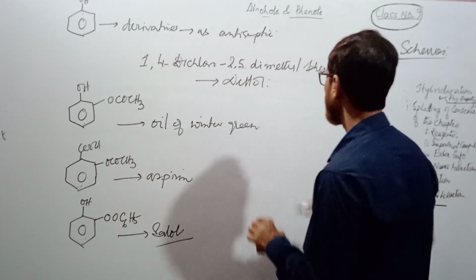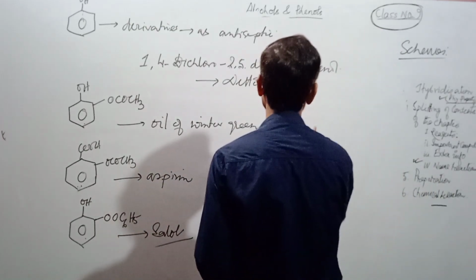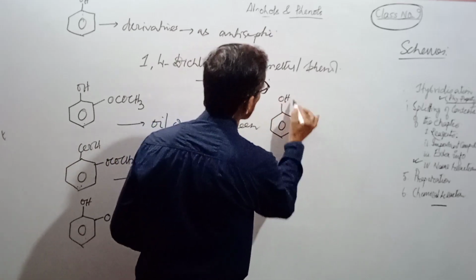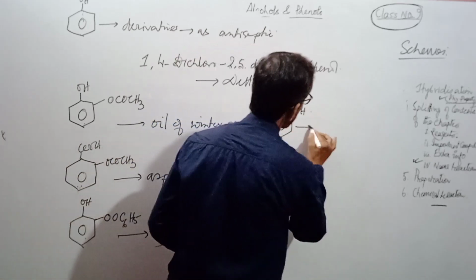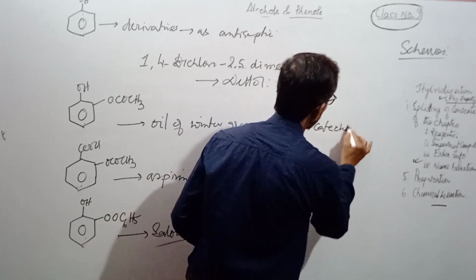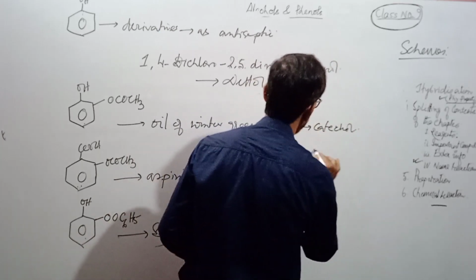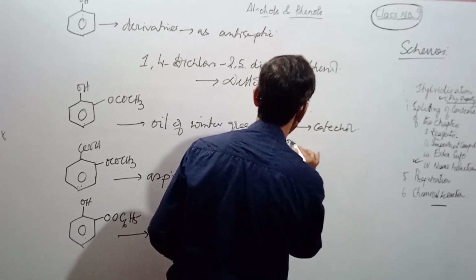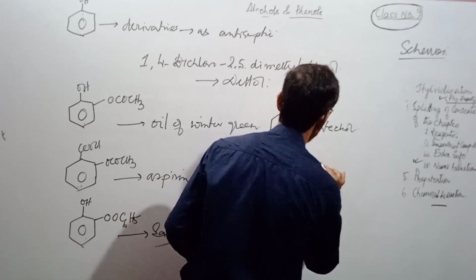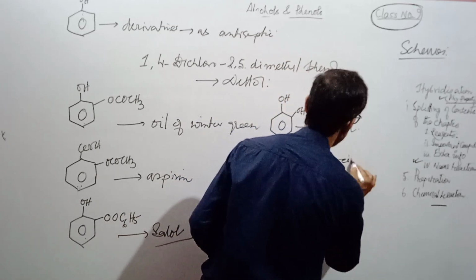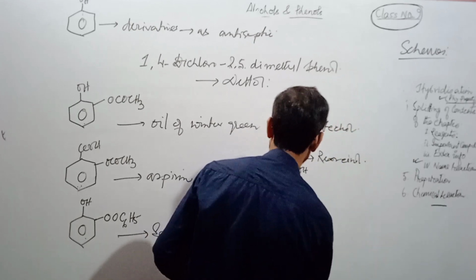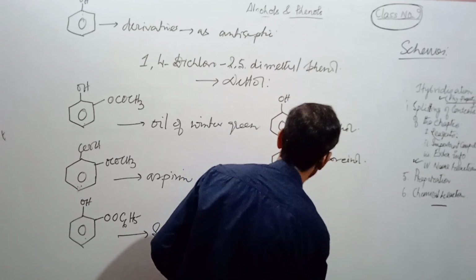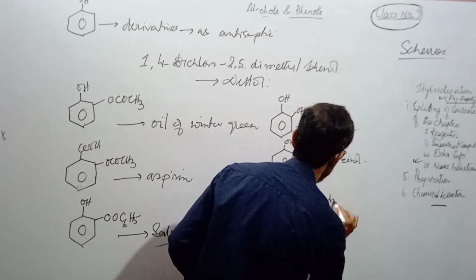And the next important type of compound is again from phenol. You see, this is the common name catechol, and if OH is here, this is resorcinol, and if OH is here, hydroquinone.